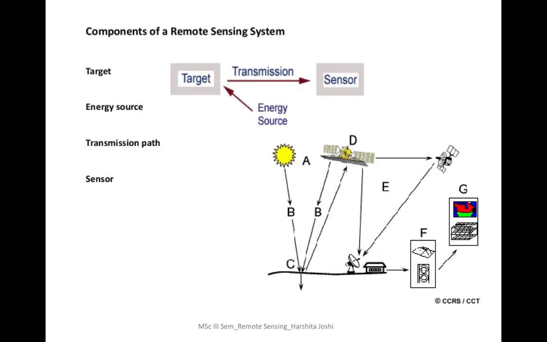When we are talking about the remote sensing system, there is a complete system which involves the target, the energy source, the transmission path and the sensor. Energy comes from the sun, it interacts and is then sensed by some sensor, or sometimes the energy can also be produced by the vehicle or the sensor, and this can be sensed in turn. We will study about active and passive remote sensing.